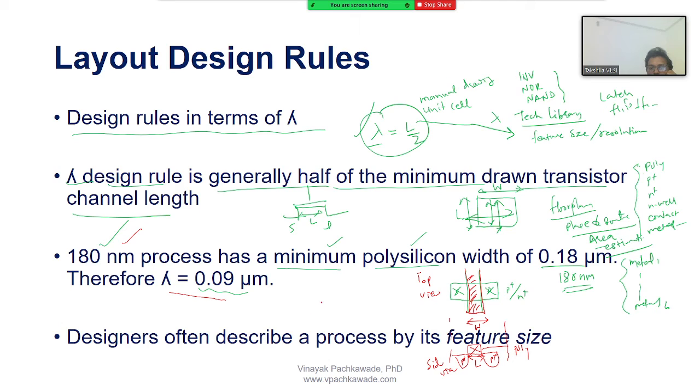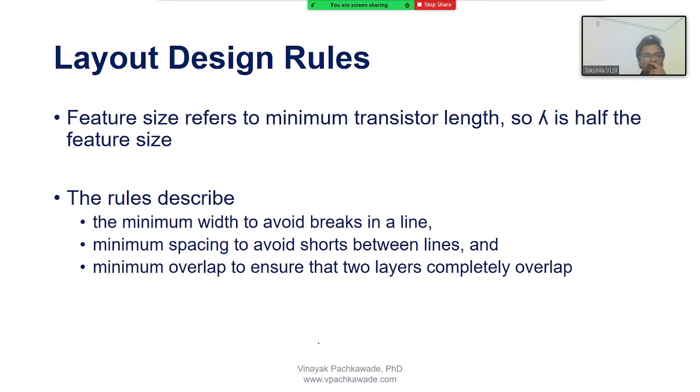A layout designer will often describe this process by its feature size. Feature size refers to the minimum transistor length, so lambda is half of it, and this rule will tell you the minimum width to avoid breaks in a line.